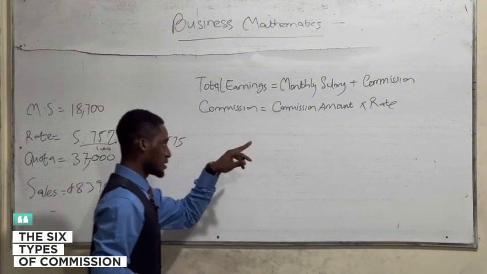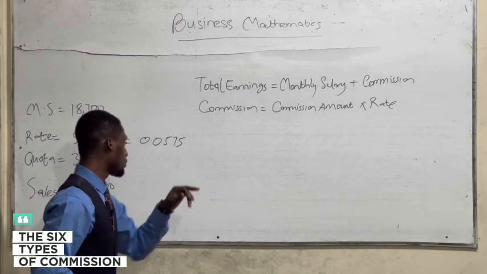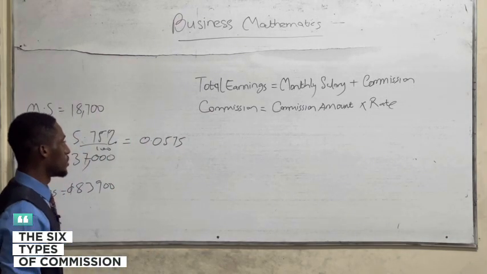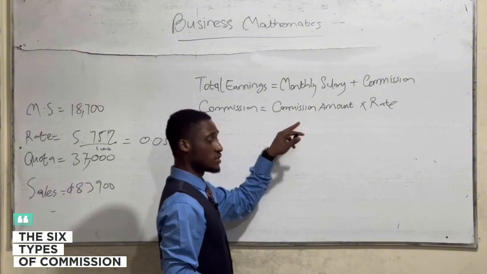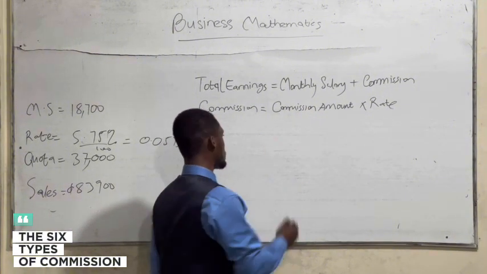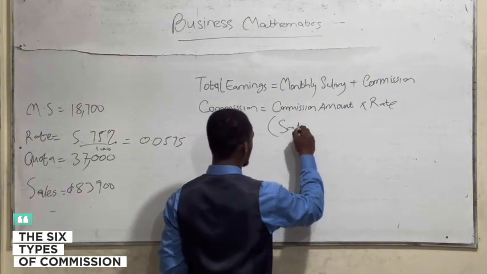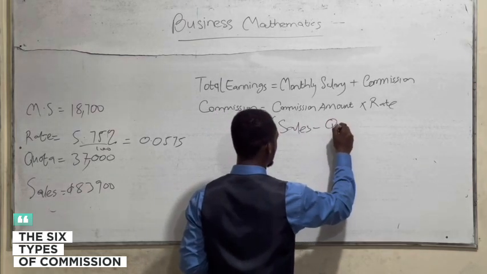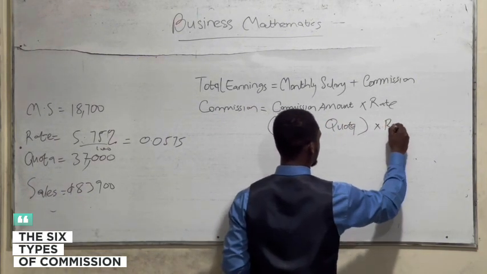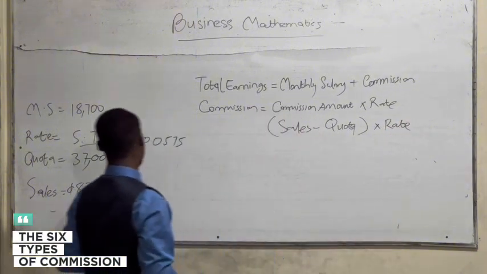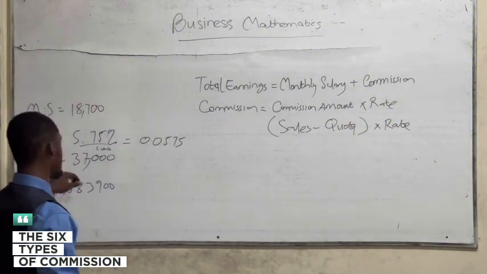We have commission to be commission amount times rate, because there is a quota in the question. So in here we find our commission amount, and commission amount here is sales minus quota. So we fetch in our figures from here.